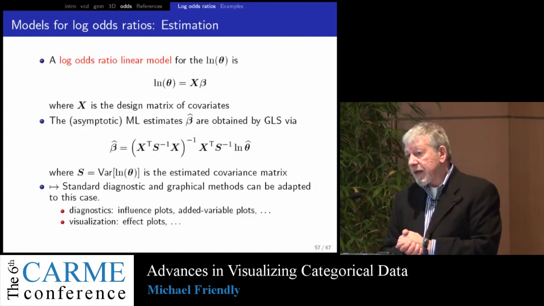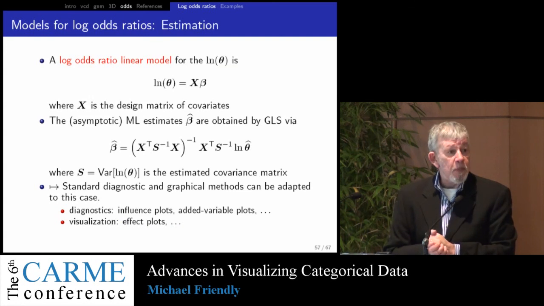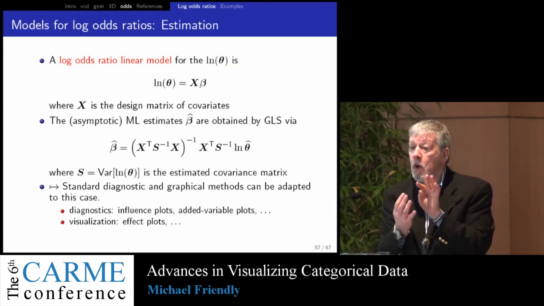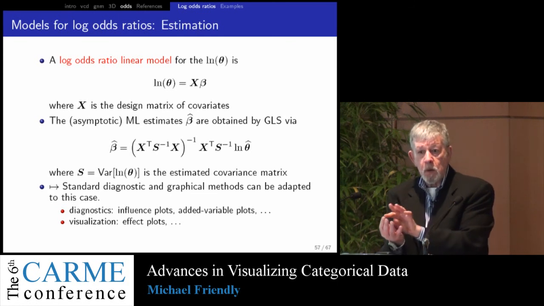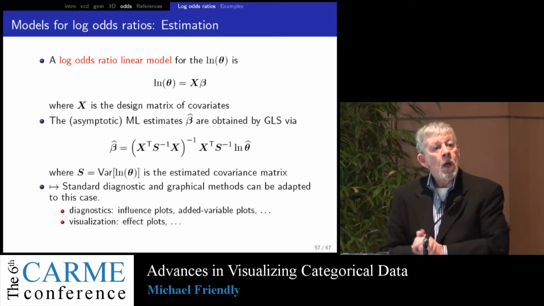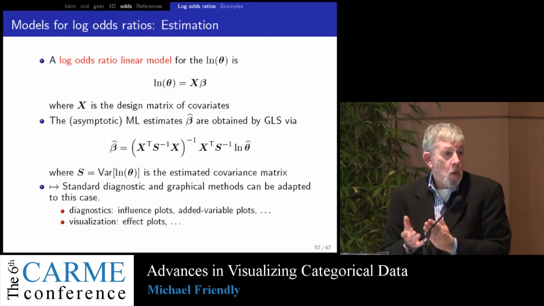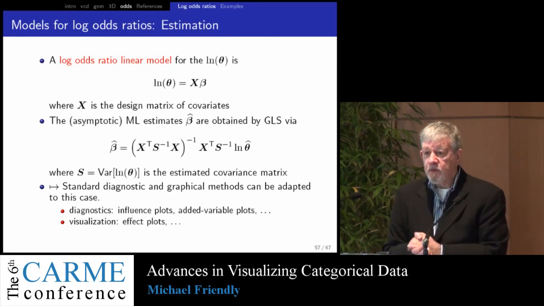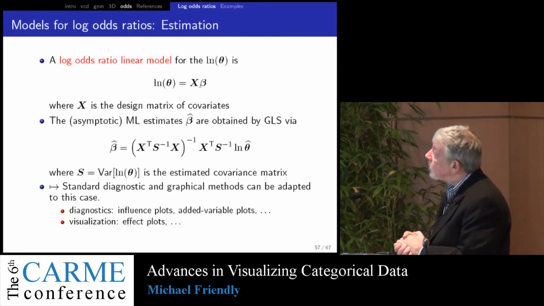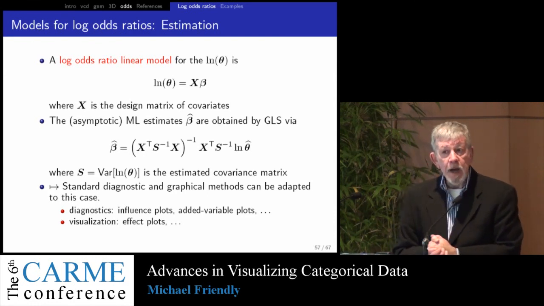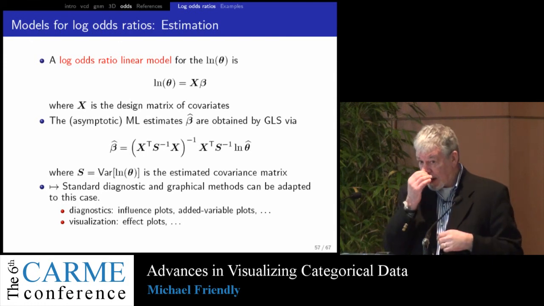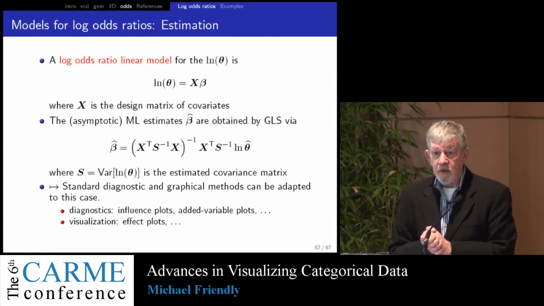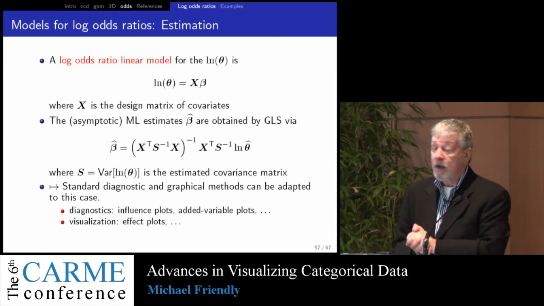Now, once we've calculated log odds ratios, these represent all of the association in a two-way or higher-way table, so we can think about fitting linear models for those log odds ratios. And it turns out that the log odds ratios are normally distributed with a variance-covariance matrix that has a highly structured form estimated from the data.